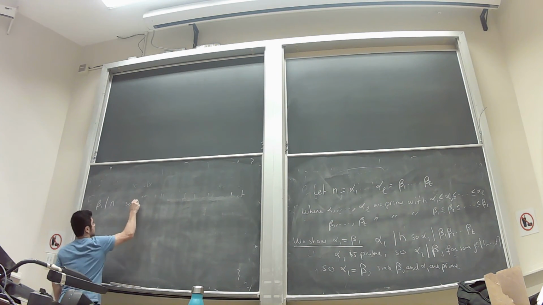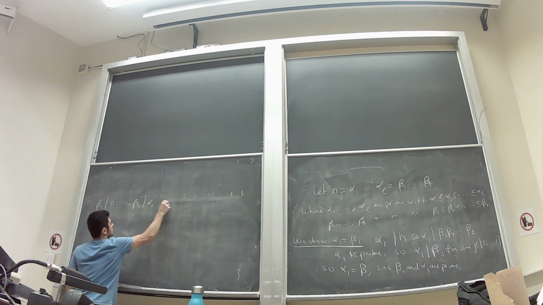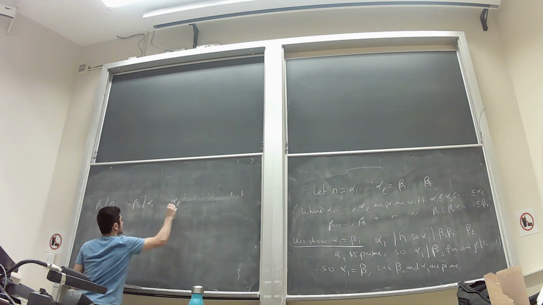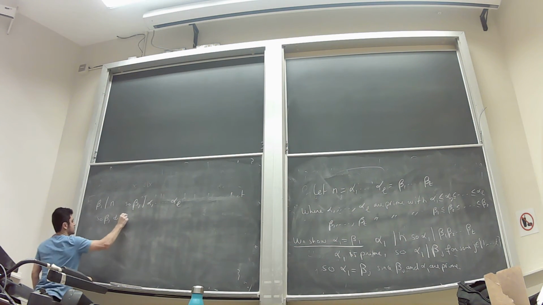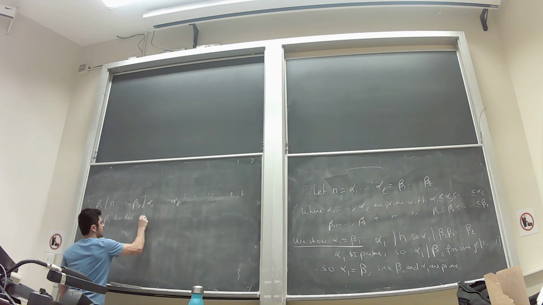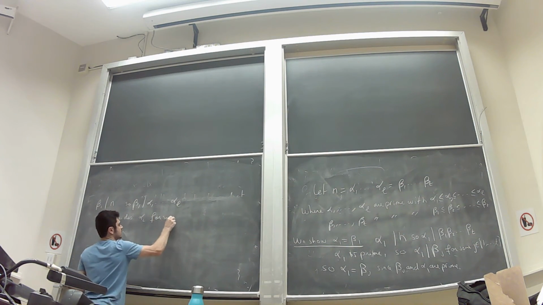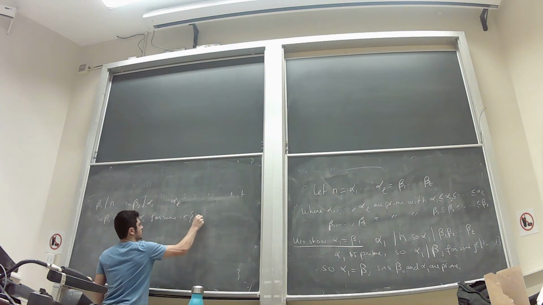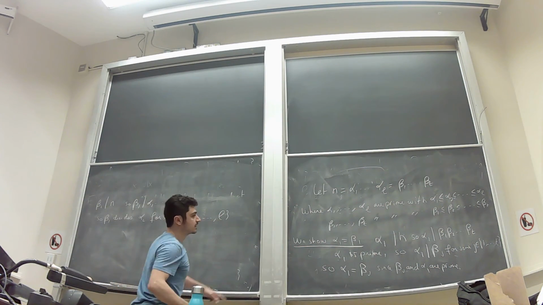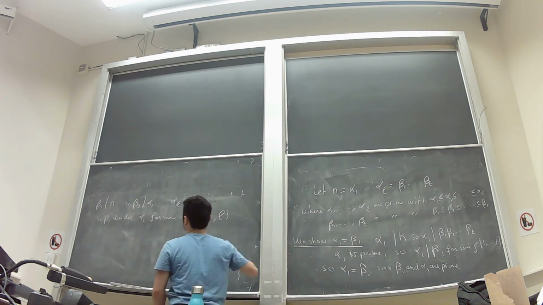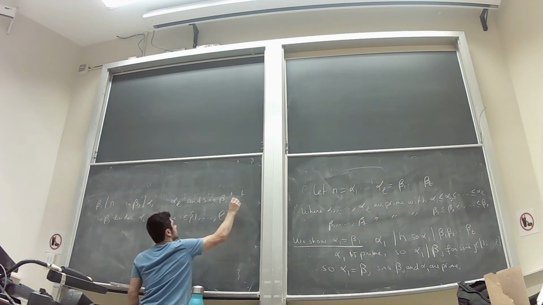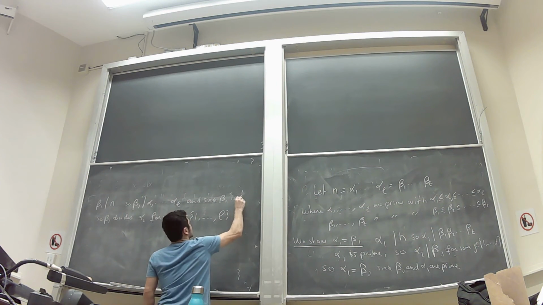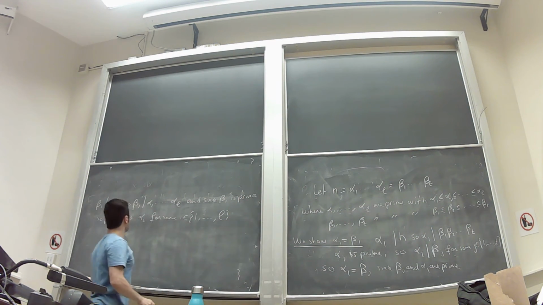So beta 1 divides alpha 1 up to alpha L. So beta 1 divides alpha i for some i in 1 up to L, since beta 1 is prime. Great. Beta 1 divides alpha i for some i in L.